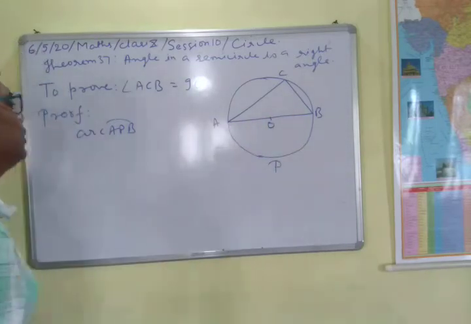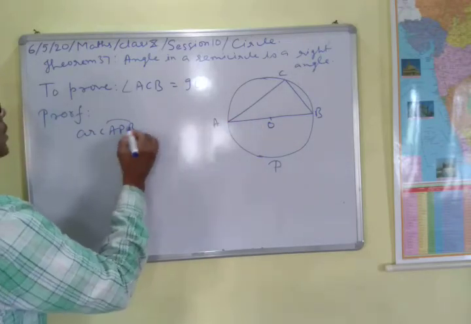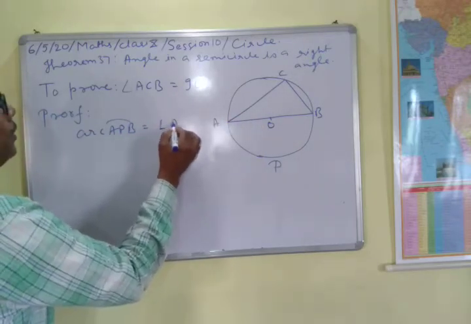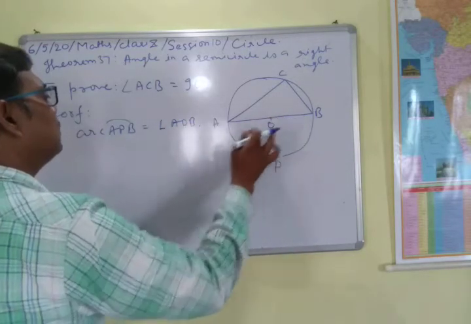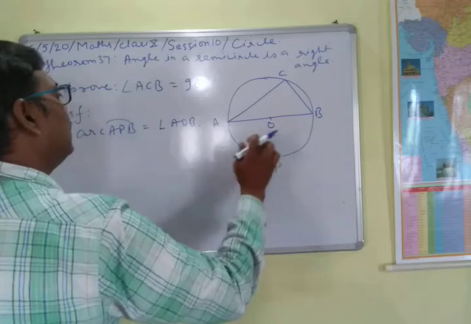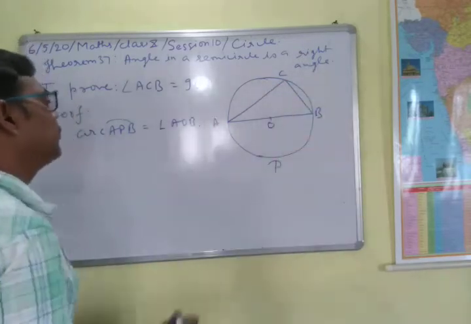So what is angle AOB here? Angle AOB is a straight angle. This arc subtends angle AOB at the center, which is the angle subtended by this semicircle, and angle ACB is the angle subtended by the same arc in the other part of the circle.